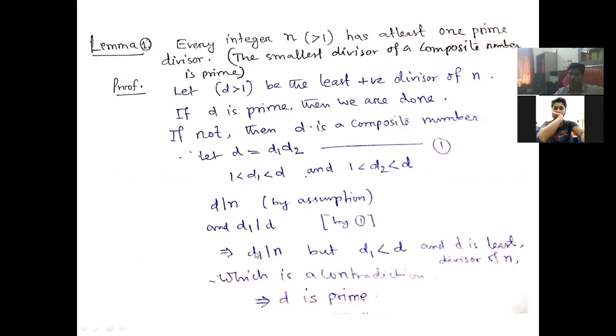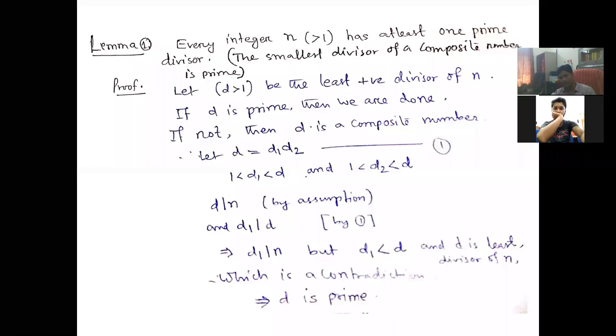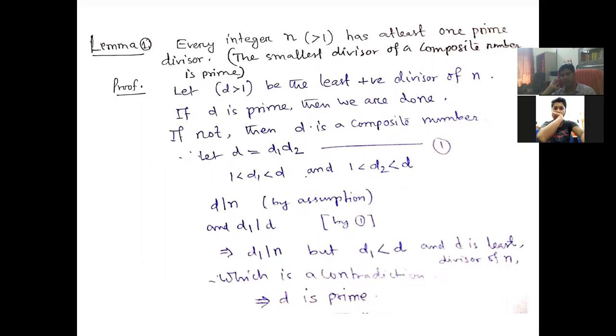Here d1 is a divisor of n with d1 less than d. So इसका मतलब d से भी और small number जो है वो n को divides करता है, which is not possible because d is the smallest divisor of n.